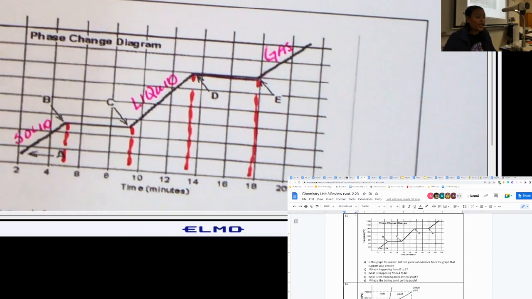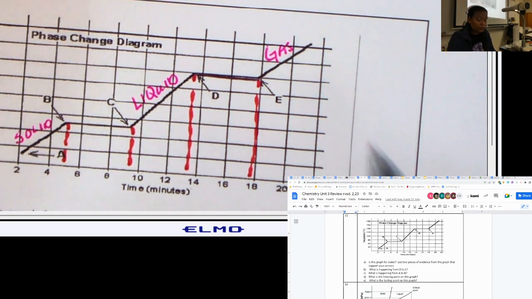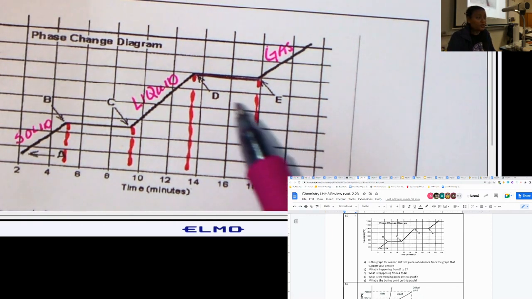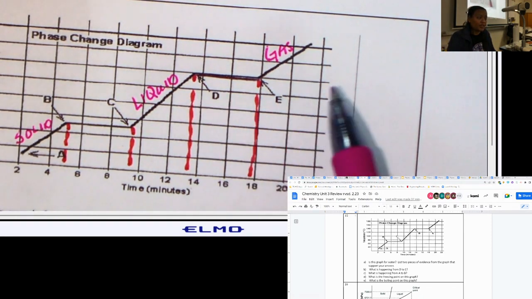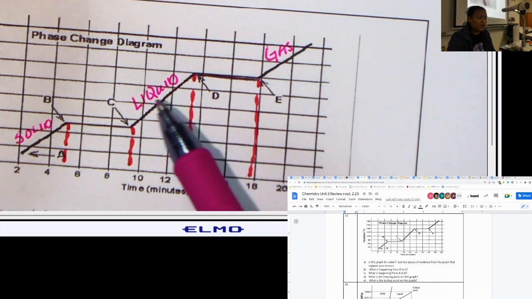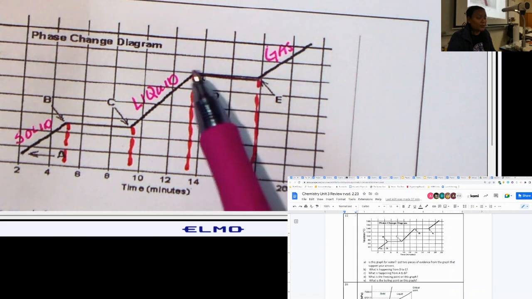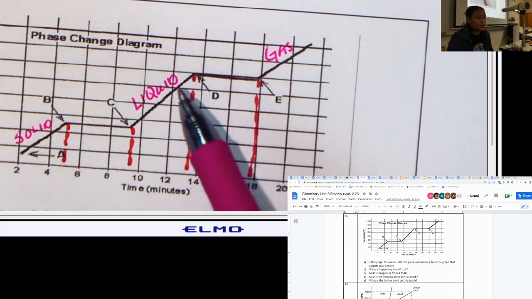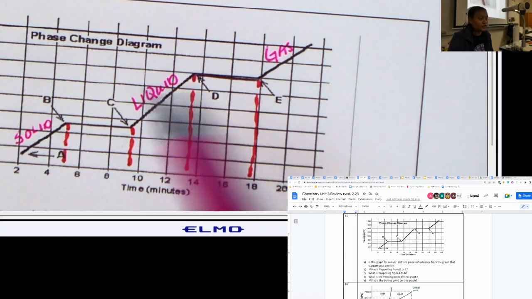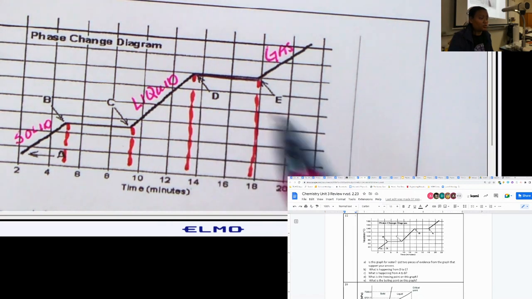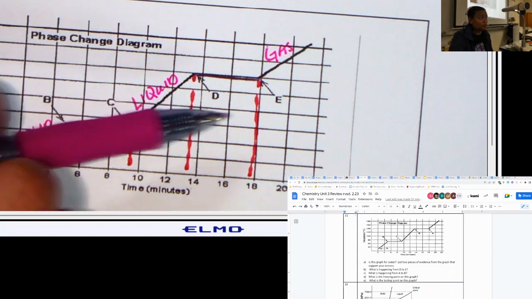On the other hand, if I'm going backwards on this chart, then I'm cooling it down. So it goes from a gas to a liquid and then to a solid. Your points are still at the same place, but it's just going backwards. So gas, liquid, we are losing heat if you're moving in this direction. You are gaining heat, or adding heat to the system, when you're moving this way.